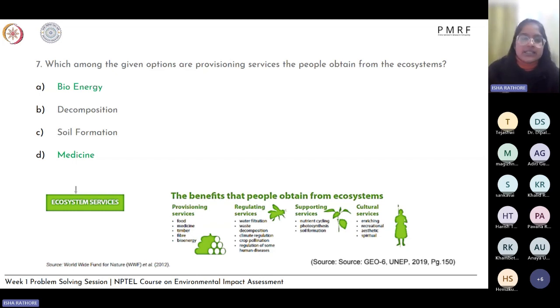Some associate a spiritual value to the ecosystem, where they worship certain plants and animals, those kinds of things. So those are cultural services. So in the given options, bioenergy and medicine are the provisioning services, whereas decomposition is a regulating service and soil formation is a supporting service. So again, from the ecosystem services, you can see reading the figures again is important. Okay, so moving on to the next question.